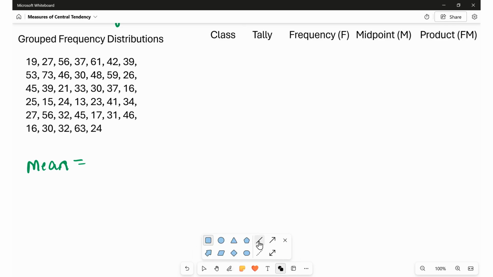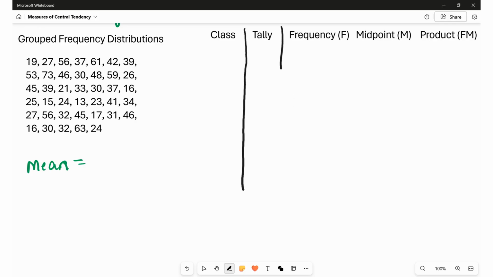So the first thing that we're going to do is we are going to be told how big each class needs to be.